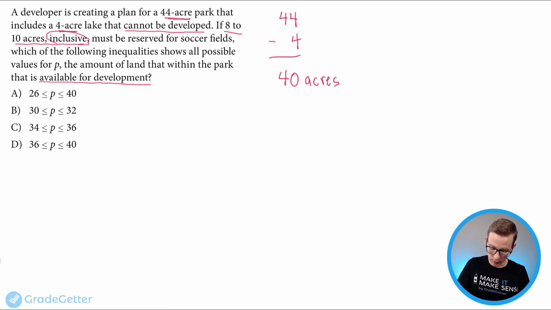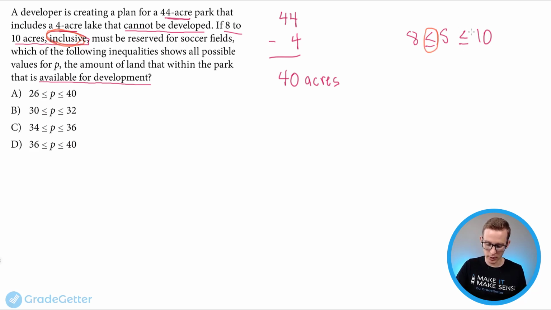Now, let's say S represents the acreage for soccer fields. The acreage available to develop soccer fields is greater than or equal to 8 and less than or equal to 10. And this equal to comes from this word, the inclusive. So that means it can include 8 acres or 10 acres.